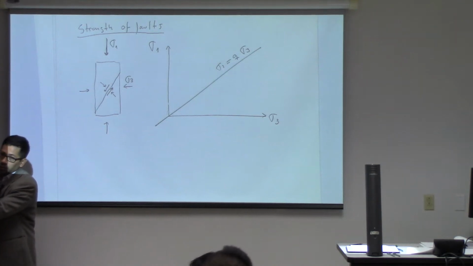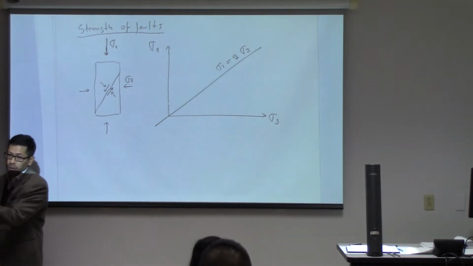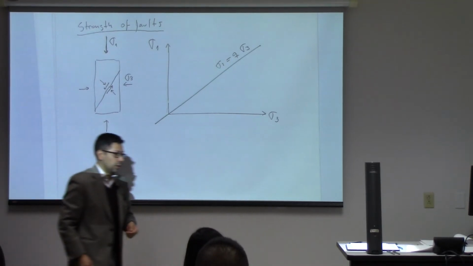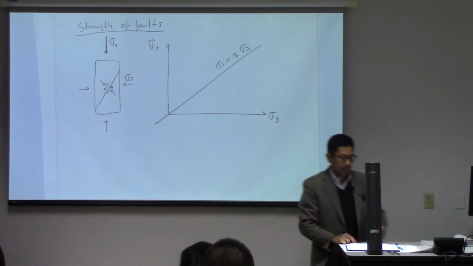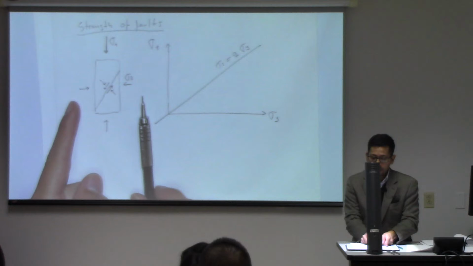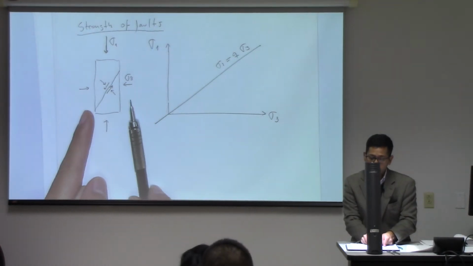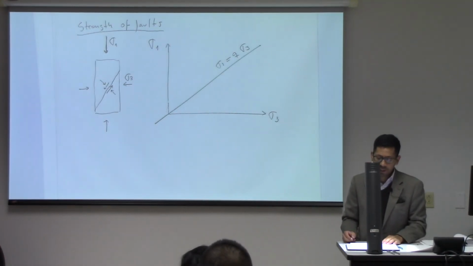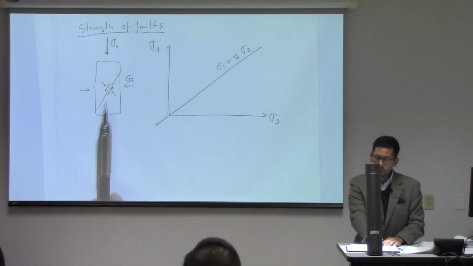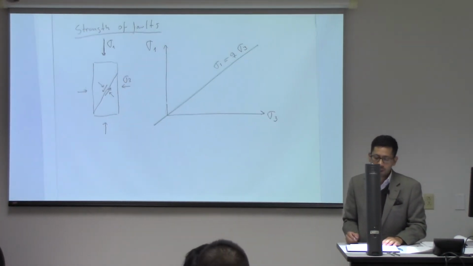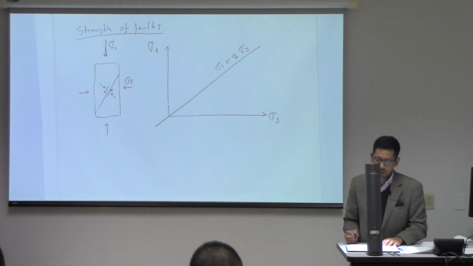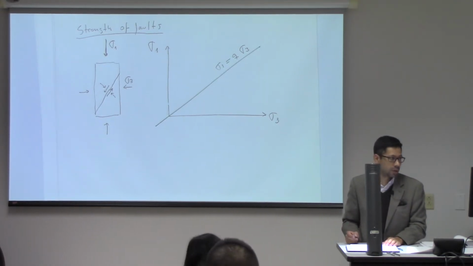But as soon as I put some normal stress on it, it's not going to fall anymore because of friction. It's the same thing with the rocks. As long as you have a minimum principal stress in the other direction, an effective stress, this is not going to slide anymore. And we're going to do a cool experiment about this Thursday or Tuesday. I'll see how far we get today through this.